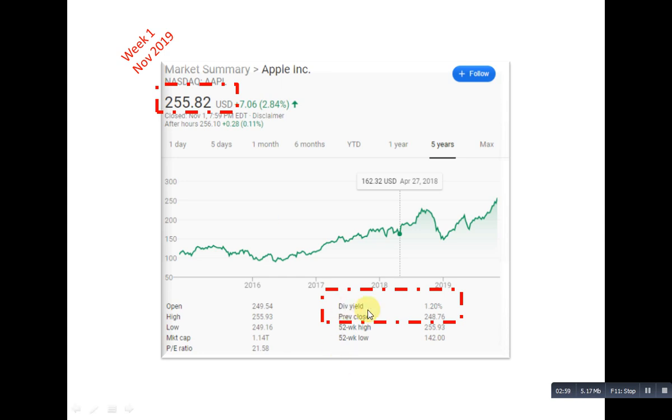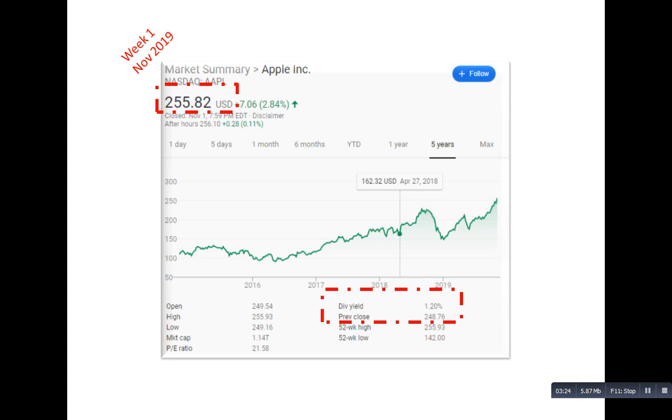The dividend yield for Apple is around 1.2%. That is the return Apple stock will give you in 1 year as of the first week of November. 1.2% of 255 is approximately $3 in 1 year as a dividend yield.